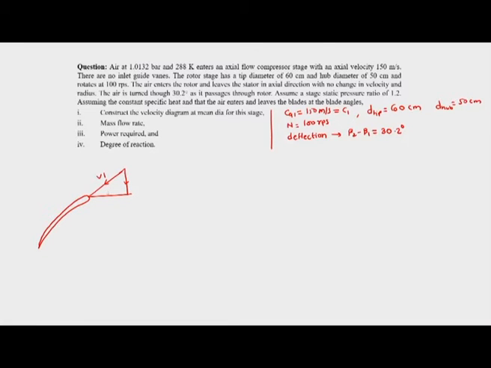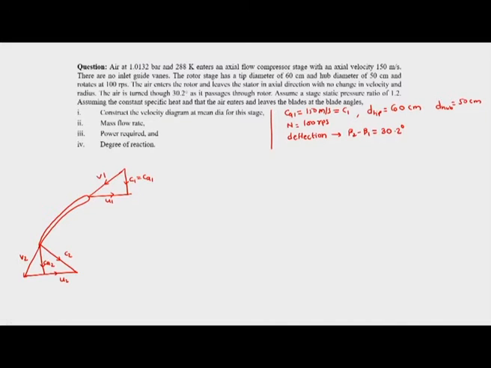And C1 is equal to CA1. Then for the outlet we have this as V2, and then we have this as C2, and then we have this as U2, but here we have CA2. So this is the velocity triangle for us.